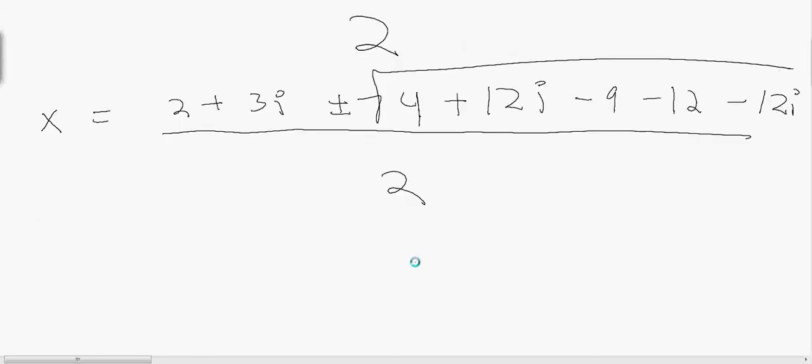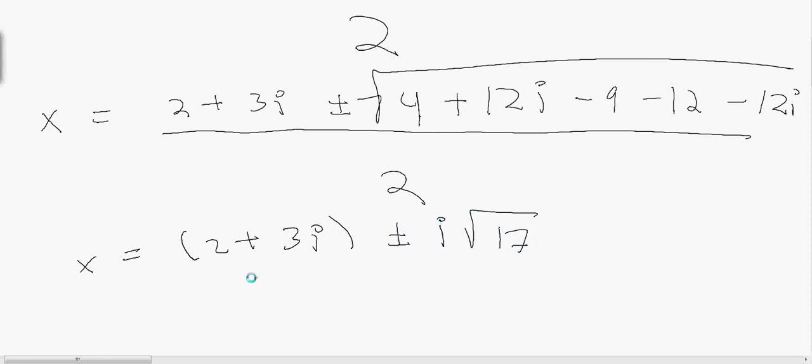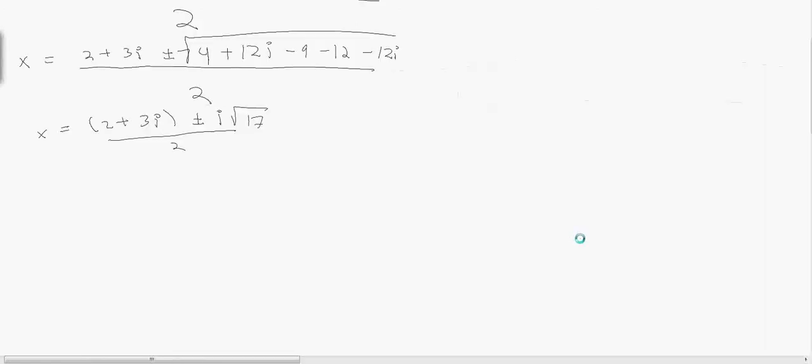And when you simplify this, you will get 2 plus 3i plus minus i rad 17 over 2. So here you can see you have two possibilities.